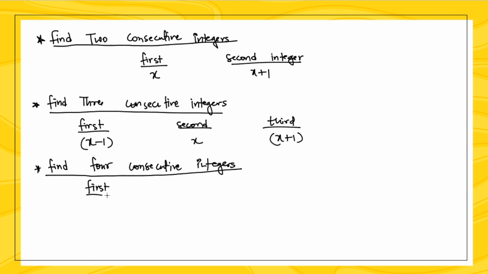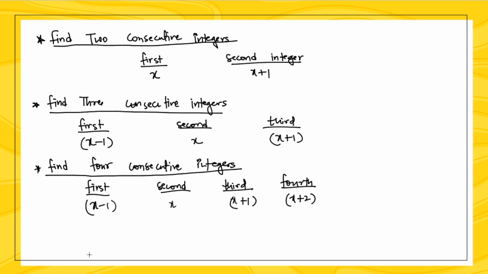You can take the first one as x minus 2, or you can take it as x minus 1, the second one as x, the third one as x plus 1, and the fourth one as x plus 2. Okay, so you can take it that way. Always try to include an x minus 1. That is going to make your calculations and the other parts easy to do. Alright, so this is the trick, or the way you should consider consecutive integers.